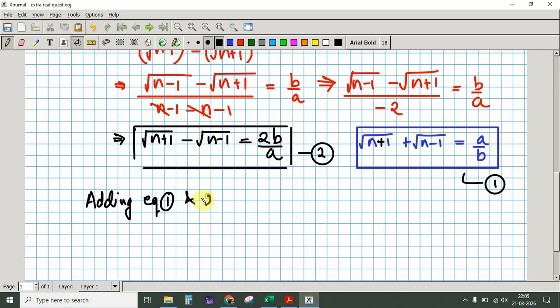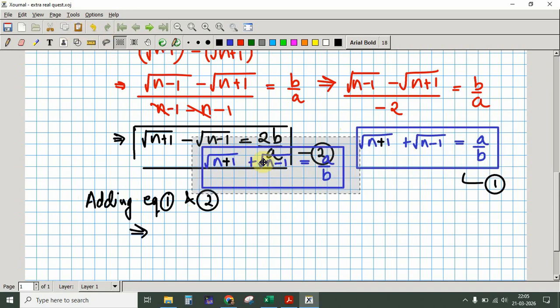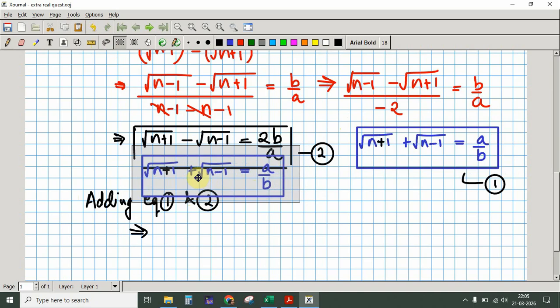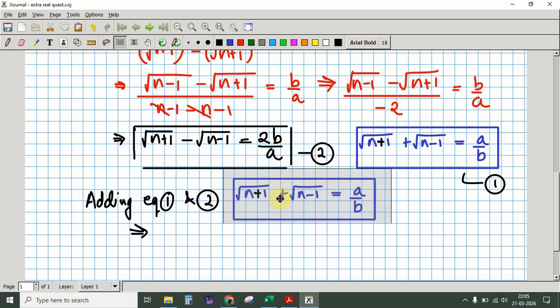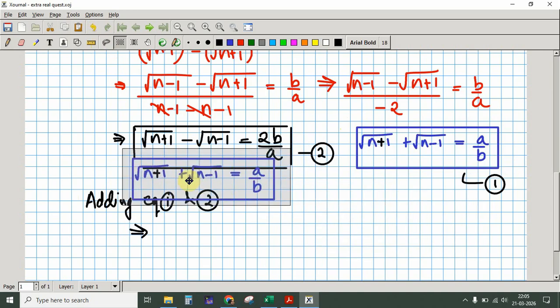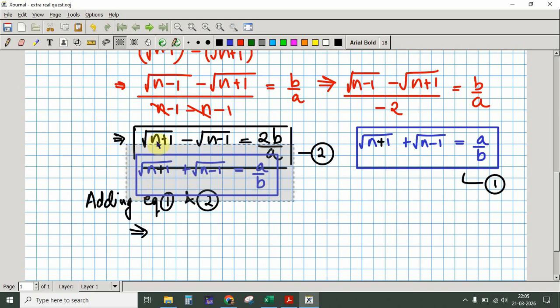While adding equations 1 and 2, I'm not actually adding it here, but you have to visualize this. You have to add these two equations. These two terms are the same with the same sign. These two terms are the same with different signs, so these two things will vanish.